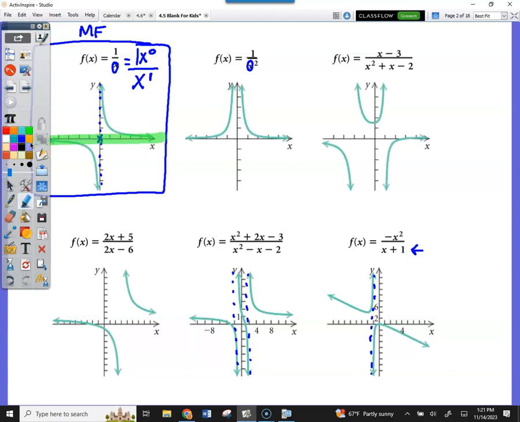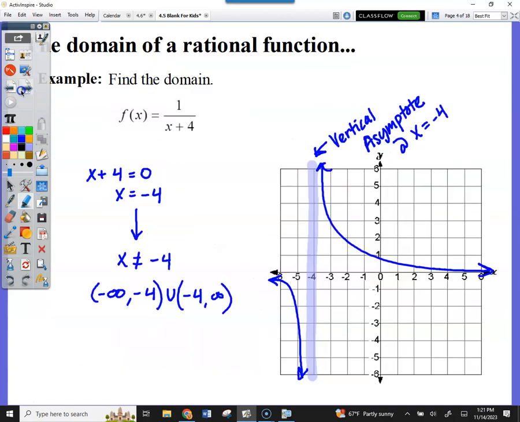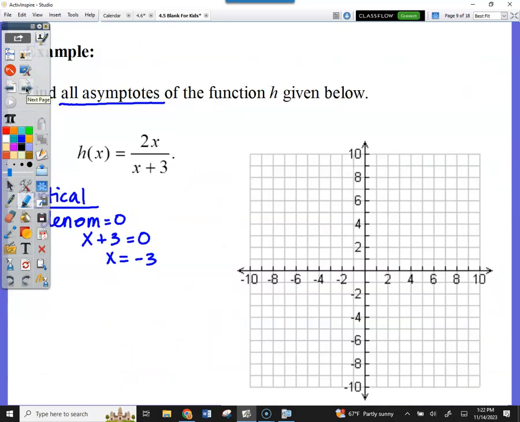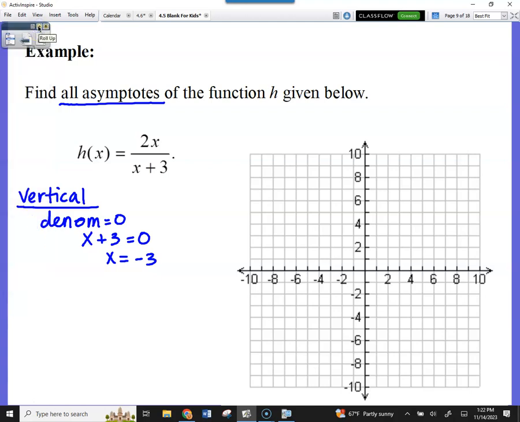The one we're on right now says 2x over x plus 3. I found the vertical, so this is VA at x equals -3. Now I'm going to talk about the horizontal. The horizontal is your leading terms test. I like to pull the terms and write them on paper so I can remind myself.